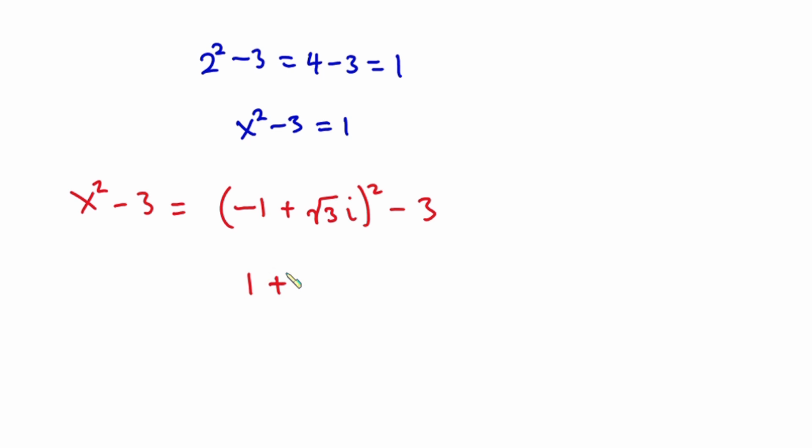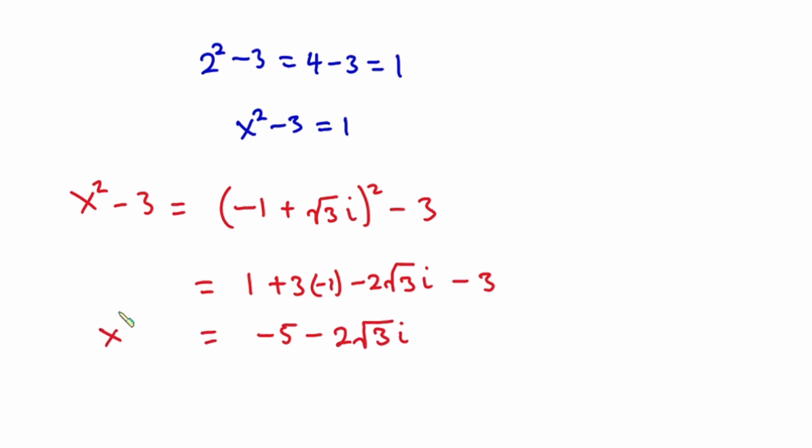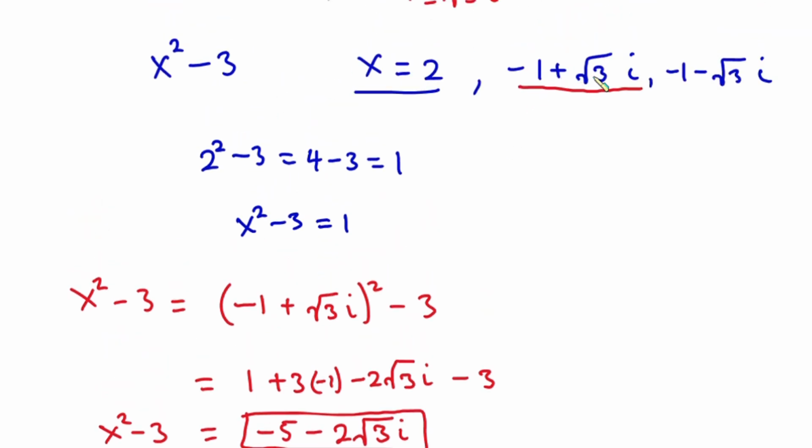Then we have plus 3, then i squared is negative 1, then we have negative 2 root 3i, then minus 3. So from here we see that 3 times negative 1 is negative 3, minus 3 is negative 6, plus 1 we have negative 5, then minus 2 root 3i. So this implies that x squared minus 3 is equal to this whole thing when x is equal to negative 1 plus root 3i.